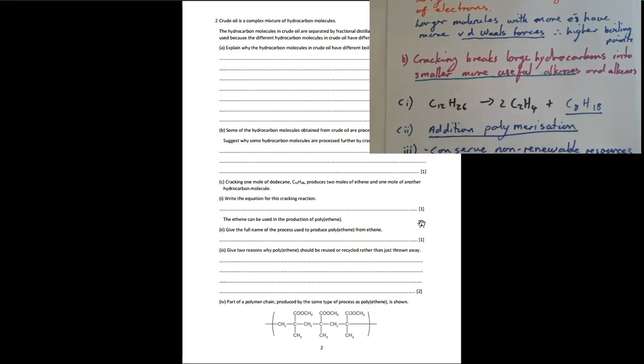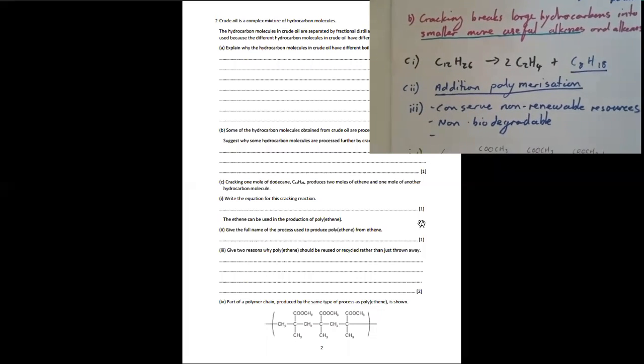Addition polymerization. Give 2 reasons why polyethylene should be reused or recycled rather than thrown away. Well, conserve non-renewable resource, non-biodegradable. You guys have got this in biology, geography, just regurgitate again on that. Happy with that?